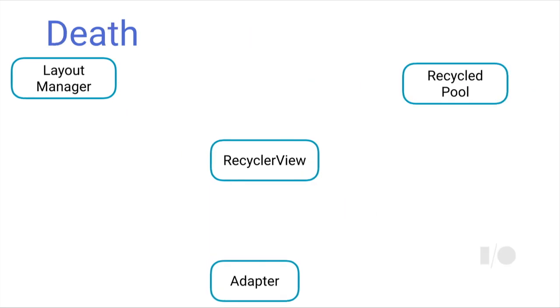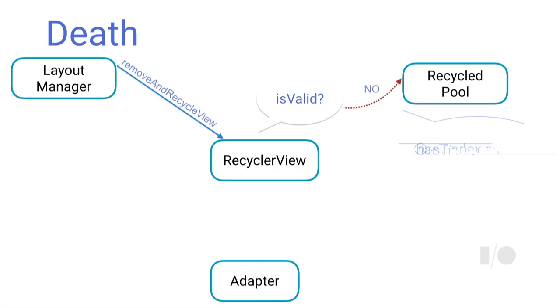So, how do we lose a ViewHolder? This is very important because if you are losing ViewHolders, you will hit performance problems. The same thing happened: the layout manager said, okay, I want to get rid of this view. RecyclerView checks, is this view valid? It was not, so okay, we put it into the pool. And the pool checks, does this view have transient state? This is what Adam mentioned earlier.